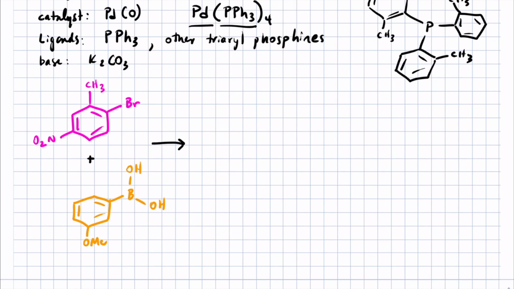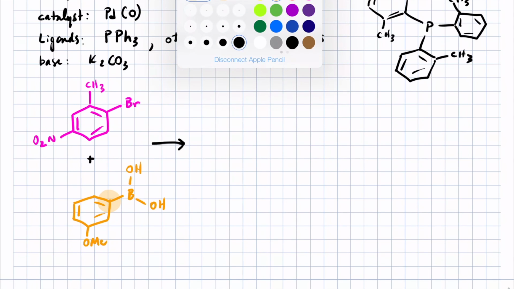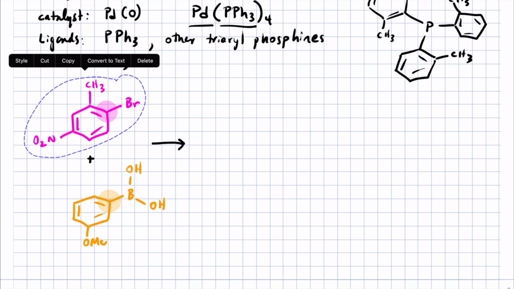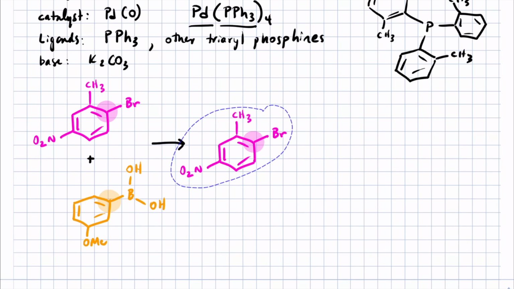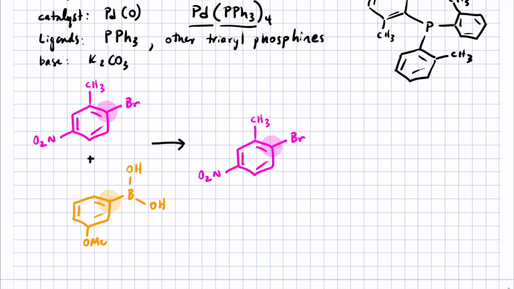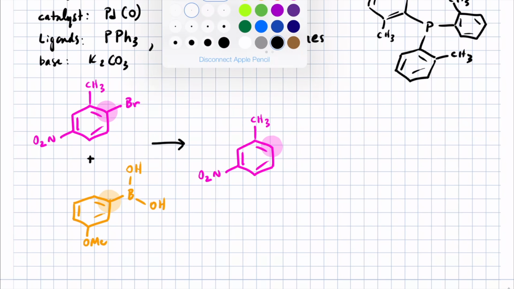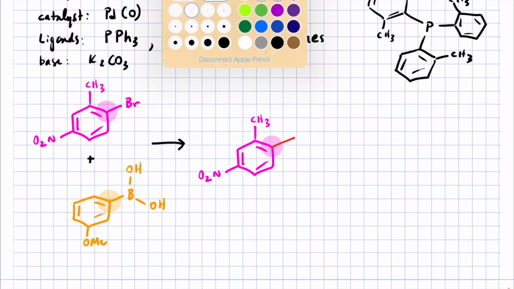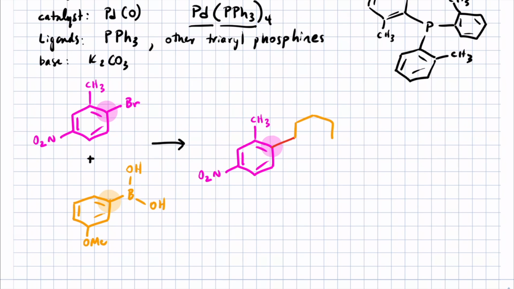We're going to be coupling carbon in orange with the carbon in pink. So here is the first partner. Here is the new bond we made. And here is the second partner. And it looks like the OMe group would be here. This is a linkage between two benzene rings.